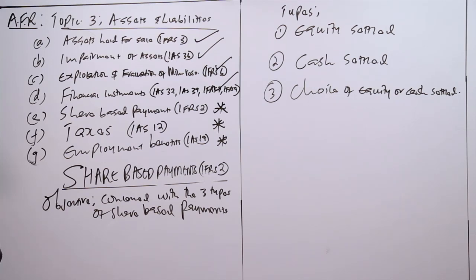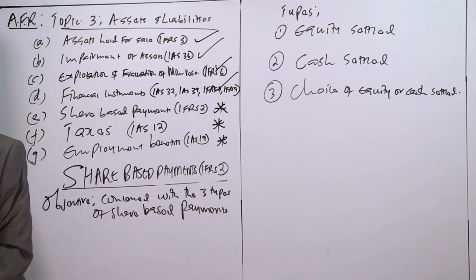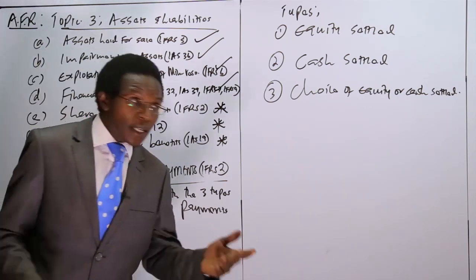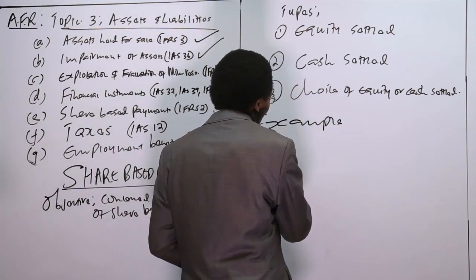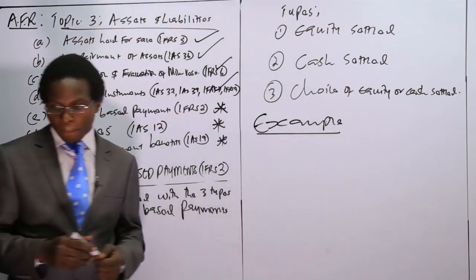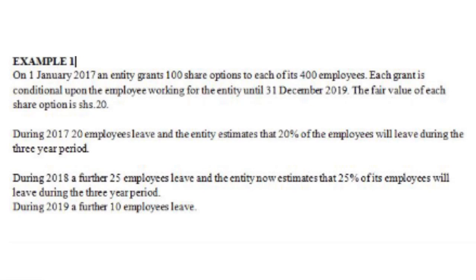Fine. Now, after that, we are also going to look at an illustration, which will definitely be an equity settled share-based payment transaction. So we can read this example. On 1st January 2017, an entity grants 100 share options to each of its 400 employees.